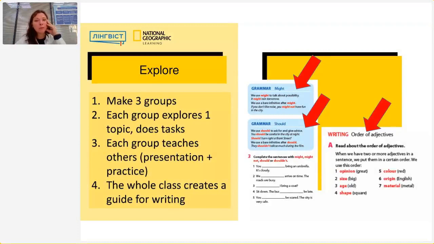Their task will be to explore one topic, find examples in the texts, find the rules, write their own examples, and practice maybe how to explain this rule to other students. They work together. You can give them up to 15 minutes, not so much time. These rules are not very difficult.